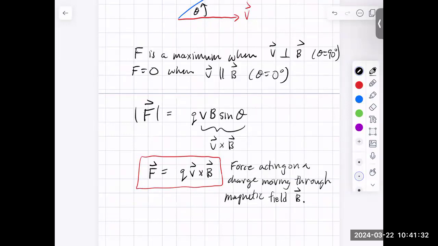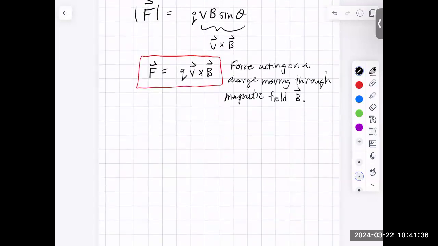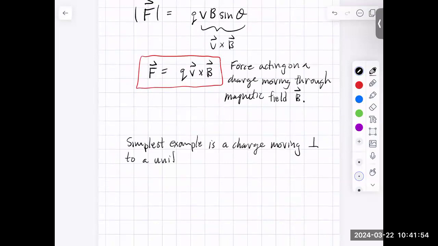So the sine of 90 will just be 1. It's the simplest possible example, but it's actually pretty interesting. It's a nice one. So the simplest example is a charge moving perpendicular to a uniform magnetic field.